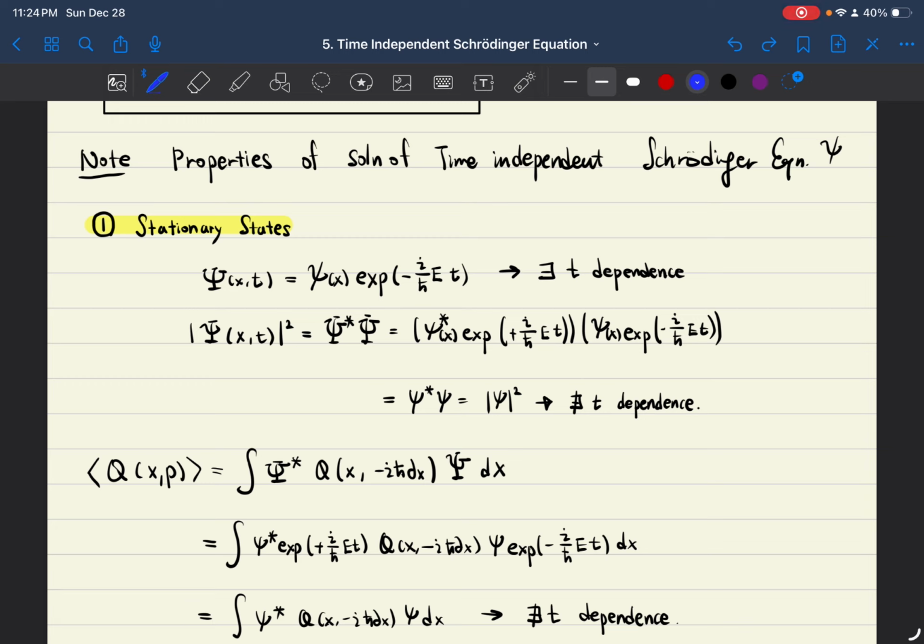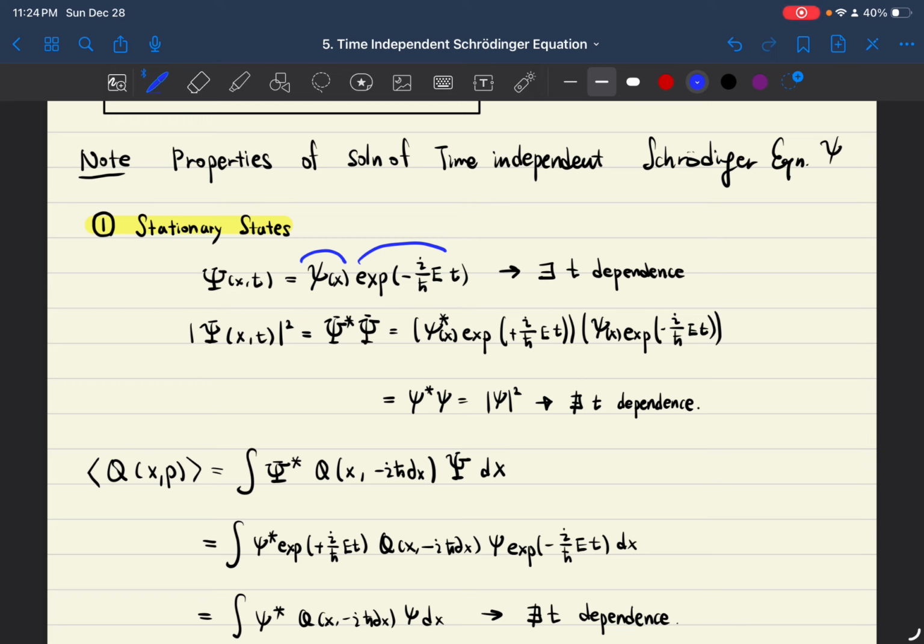First, the solution is a stationary state, which means psi(x,t) equals psi(x) times the exponential of minus i divided by h-bar, E t. That is, it is the time-independent solution psi(x) multiplied by this time wiggling term.